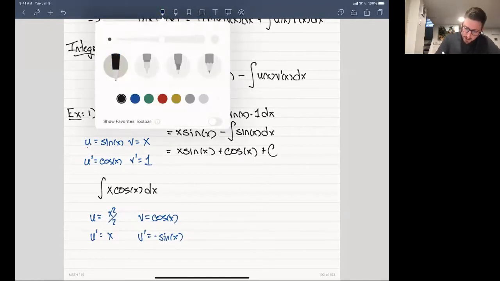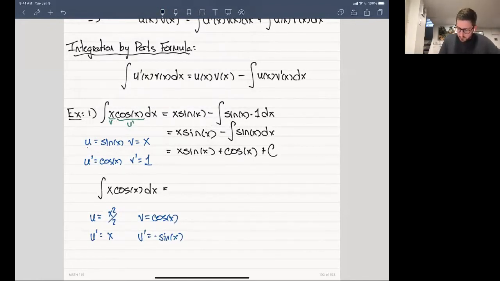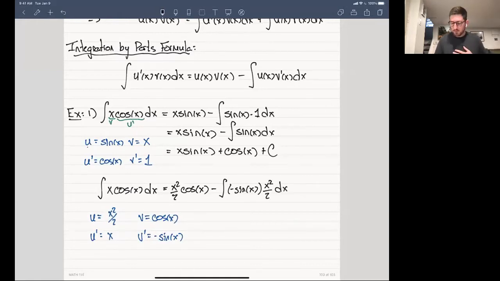So look what's going to happen, right? Your u times v becomes x squared over 2 cos of x. Okay, that's fine. That's not going to do anything. But minus, now you have the integral of v prime u, so minus sine of x times x squared over 2 dx. Okay, so let's think about where this started, right?